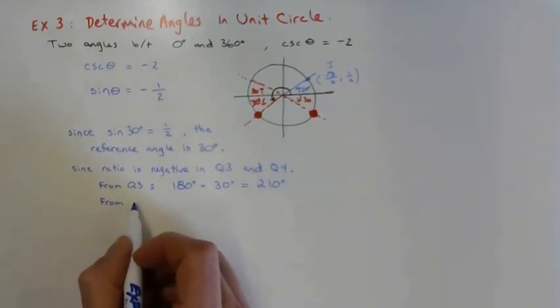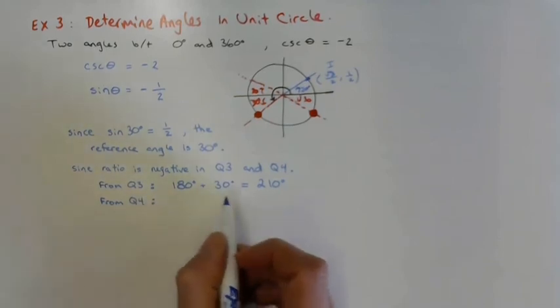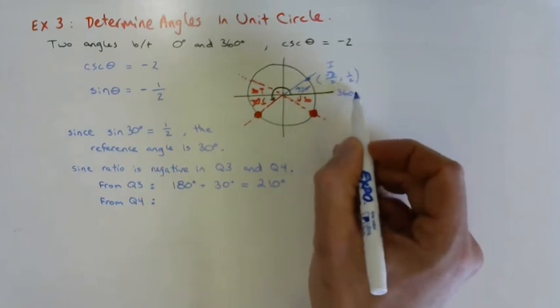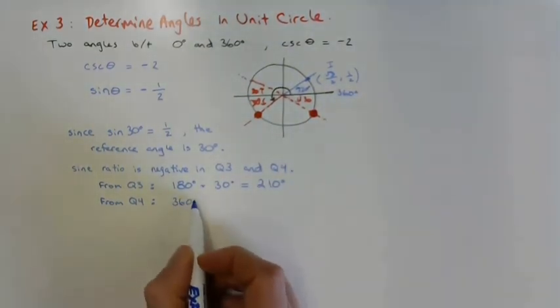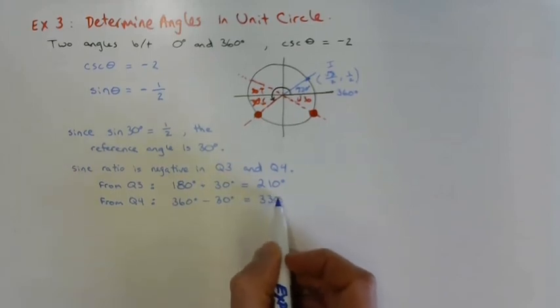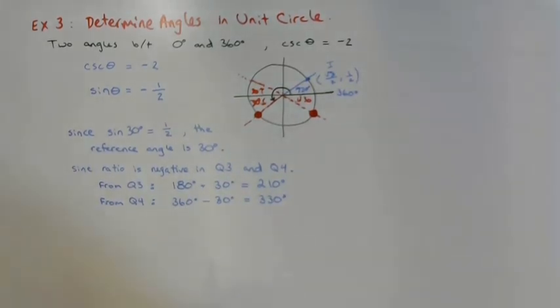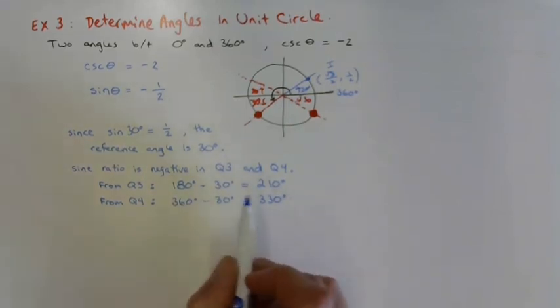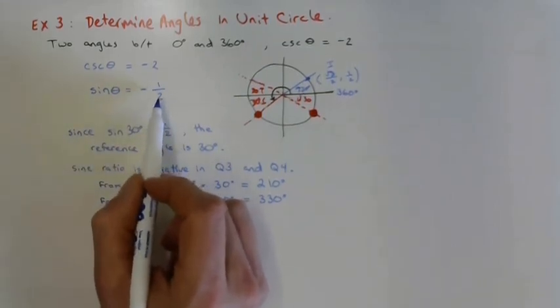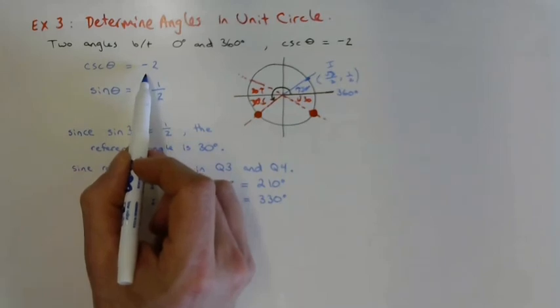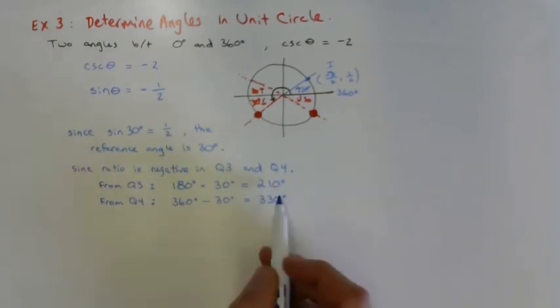And then from Q4, how do I find that one? 360 degrees minus 30 degrees, which equals 330 degrees. So these are our two angles between 0 and 360 that have a sine of -1/2, which means that they also have a cosecant of -2.